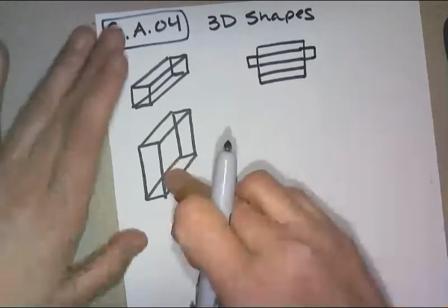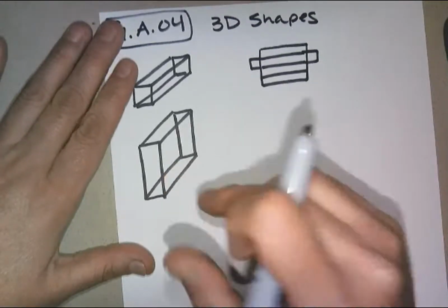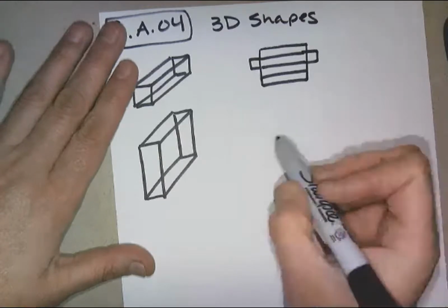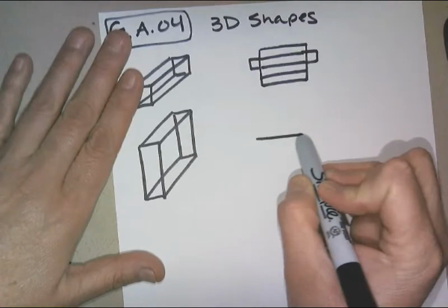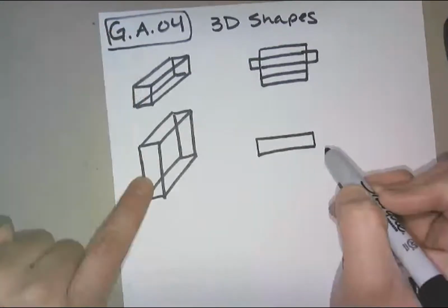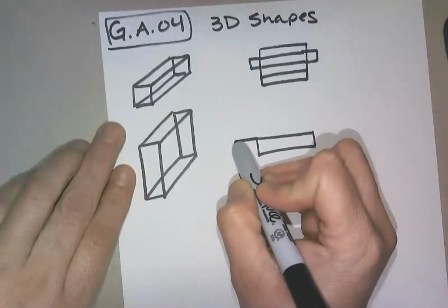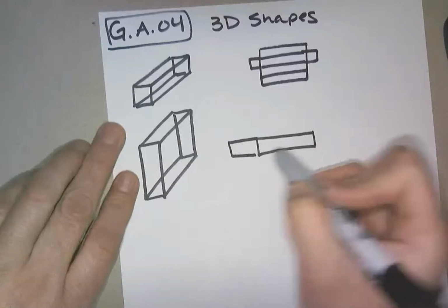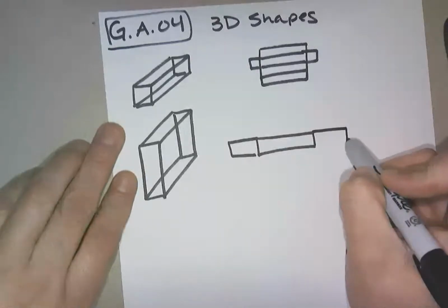As for this one, when you open it up, we would draw the bottom. That probably looks about that long. And then we have this flap over here, which would be like this. And then the other side, look like this.